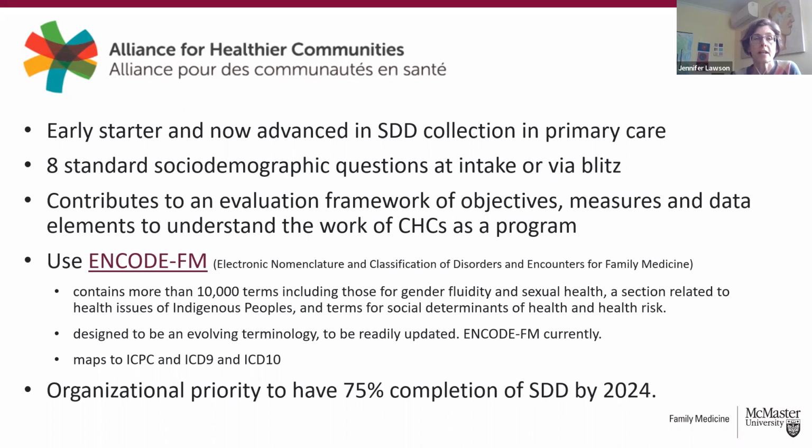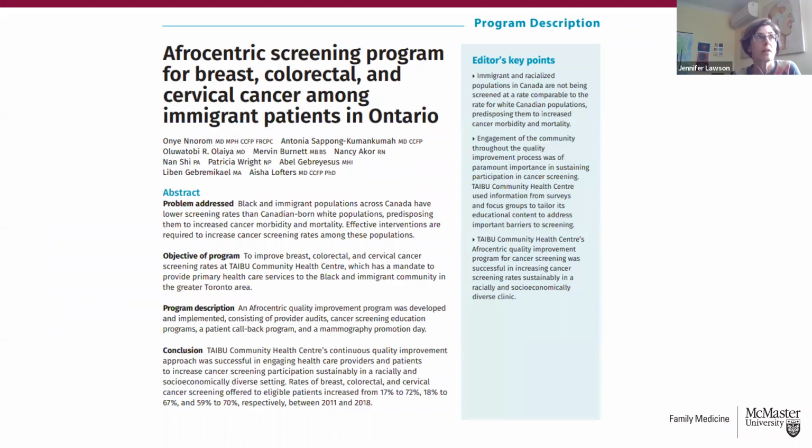Furthermore, the Alliance is aiming to have 75% completion of their socio-demographic data profiles by 2024. And with their matured data set of socio-demographic data, the Alliance is able to leverage it to identify racialized populations and link them to equity interventions. Here's an example of some of that work.